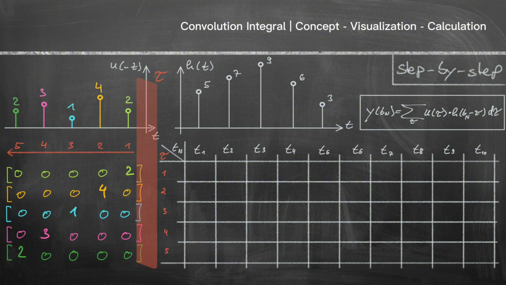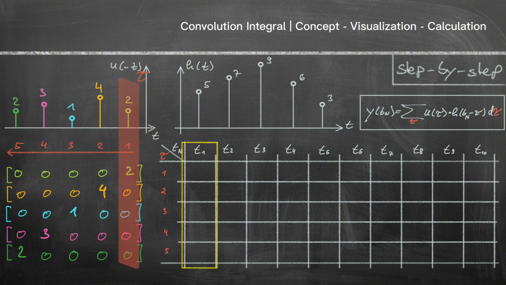Now we start at the position y at t1. The system response at this point is the sum of all entries in the first column. So we shift tau by 1. This gives us u of 1 times h of 1 minus 1, meaning h of 0, which yields 2 times 0, since h is invalid for indices below 1.